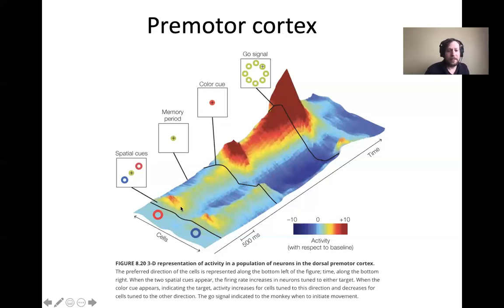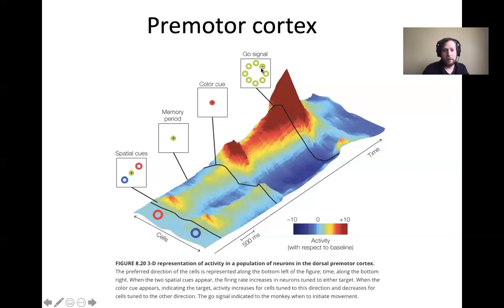In this study, they're looking at how the activity is influenced by the potential points in space where a target might occur. At the beginning of a given trial, the participant will see 2 spatial cues, telling the participant there are 2 possible places that the target could appear.